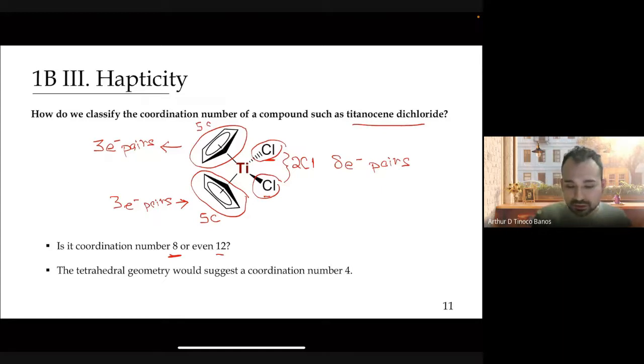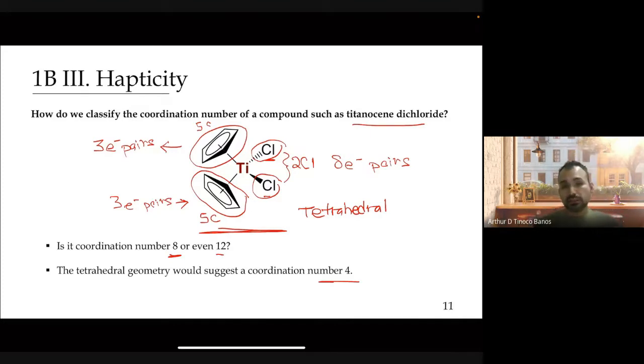If you look at this compound in terms of its geometry, this is a tetrahedral geometry. Okay, so you are all familiar with tetrahedral geometry as you've taken organic chemistry. And tetrahedral geometry implies a coordination number of 4. So here it's quite complex in terms of thinking about what is the actual coordination number that's really represented here.